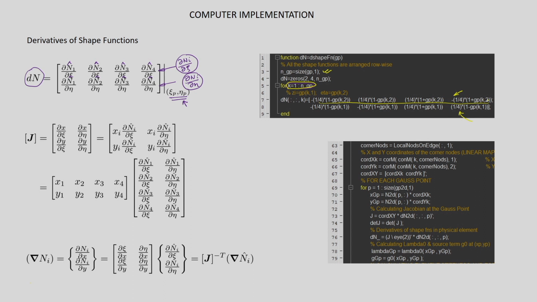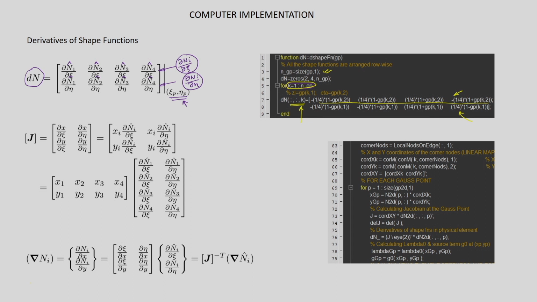Here we have used 3 indices, and the third index denotes the Gauss point. If I put k equal to 1, the derivatives of the shape functions with respect to xi and eta will be calculated at the first Gauss point. We have done this for all the Gauss points, and this will be done once.